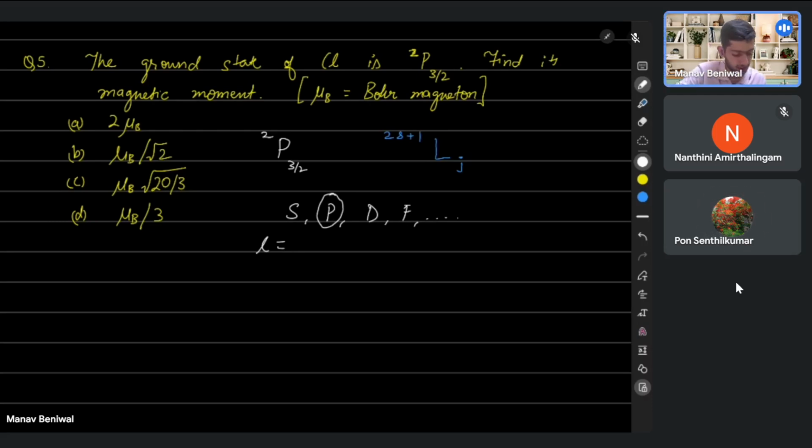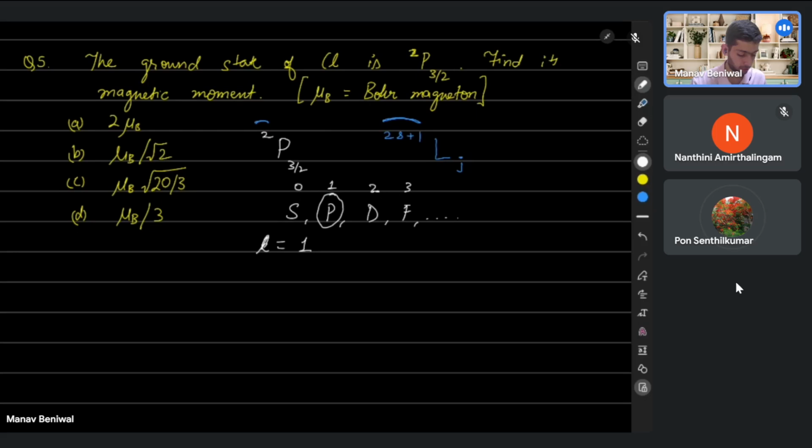No, no, L is the quantum number. So you can just label them as 0, 1, 2, 3, and so on, and L is just this number. So L is 1 here. If it was s orbital, L will be 0. But because it is p orbital, L will be 1. If it were d orbital, L will be 2, and so on. Correct?